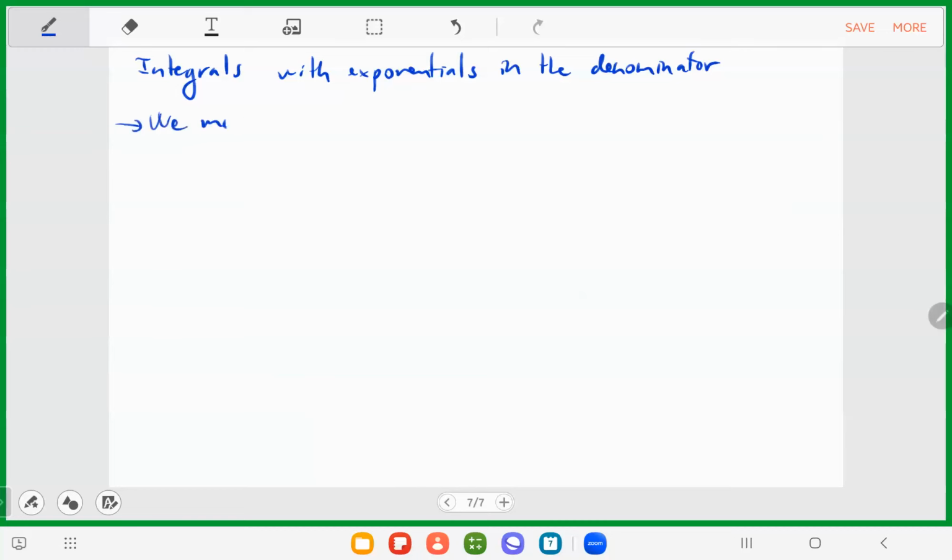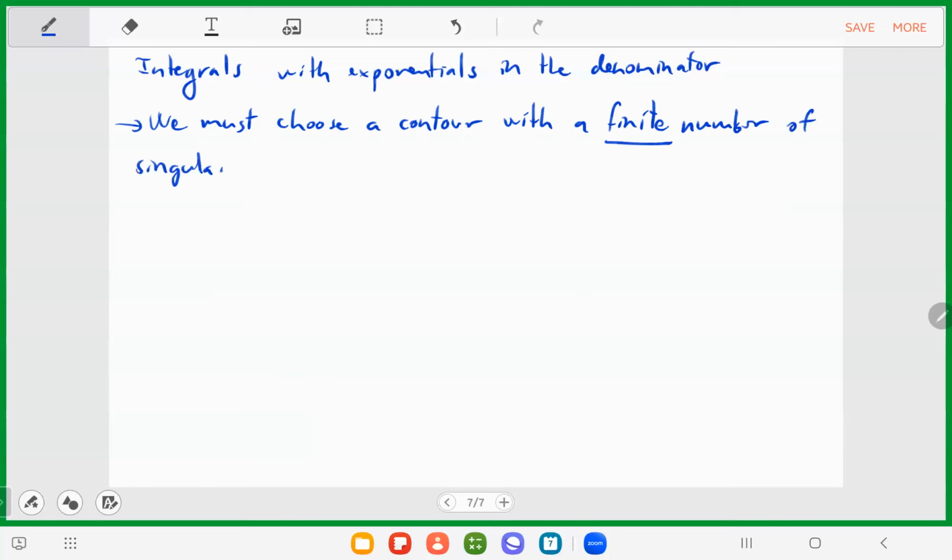So in general, this is the general case. We must choose a contour with a finite number of singularities inside. Typically, this is going to be a rectangle.